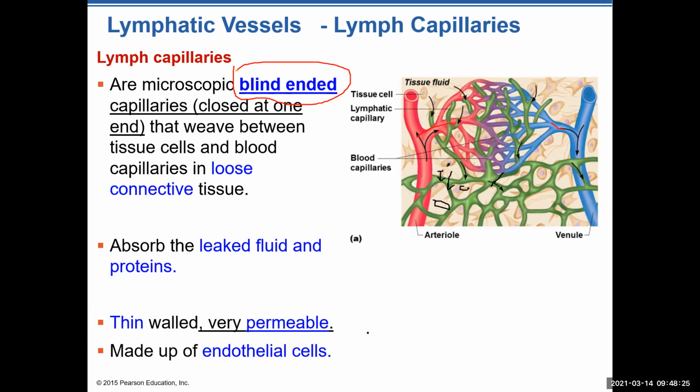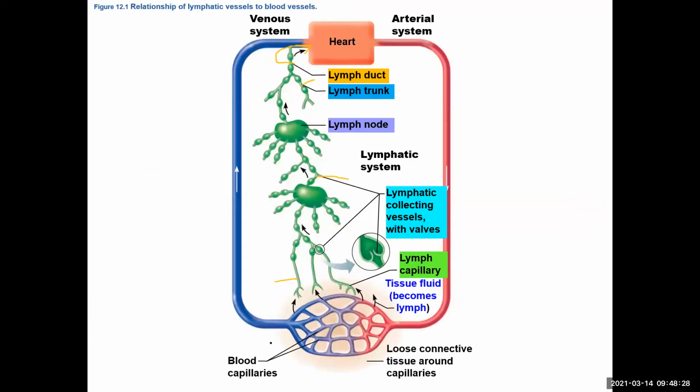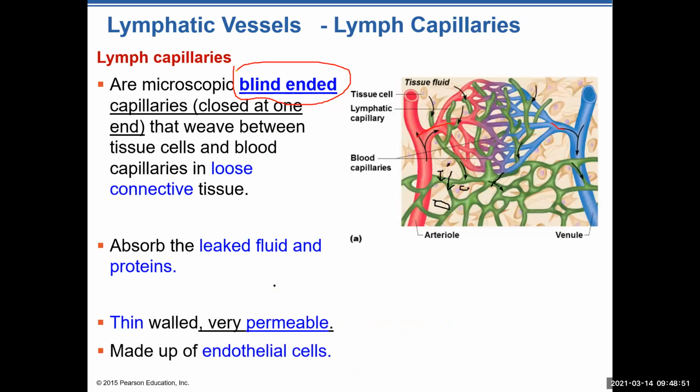But we don't need to worry about it, because you will see in a while that this lymph will be sent to the lymph nodes, and the lymph nodes will try to capture those cancerous cells, those bacteria or viruses, and will send the filtered lymph back to the blood. This is an important function of the lymph nodes, which we'll talk about maybe in tomorrow's class.